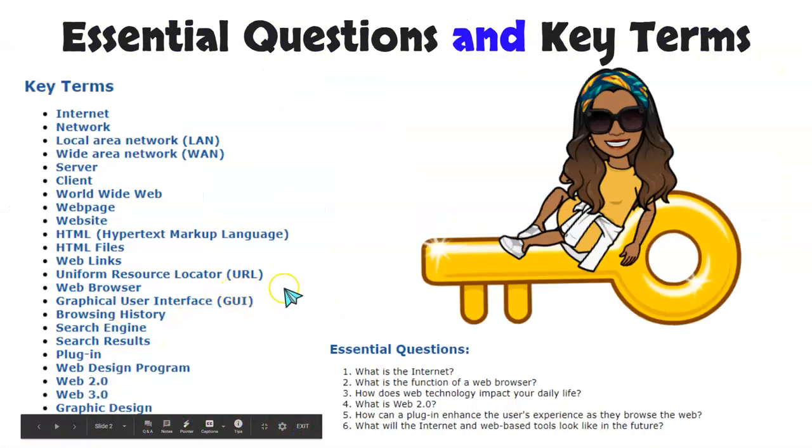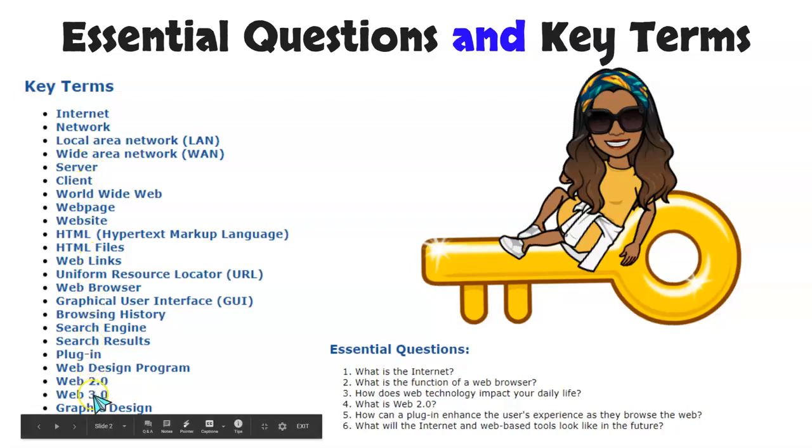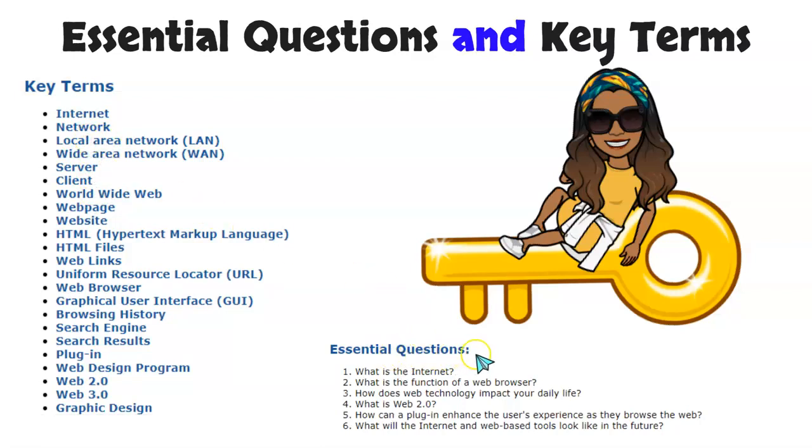The first thing you want to do is familiarize yourself with the key terms within the module. So please make sure that you mouse over these key terms and learn them. And also it's a good idea to be able to use them in a sentence. Also, read through the essential questions because these are the questions that you should be able to answer after you've completed the module.